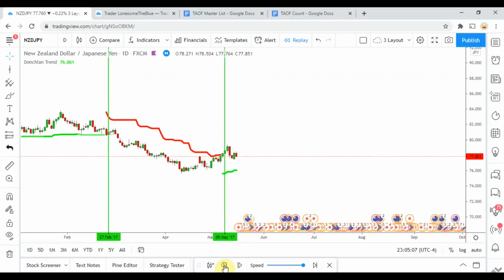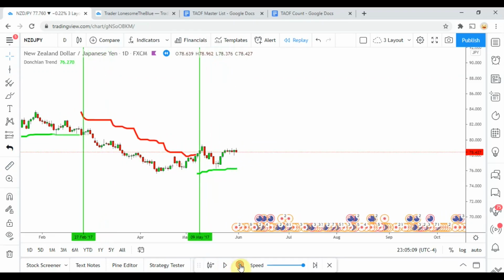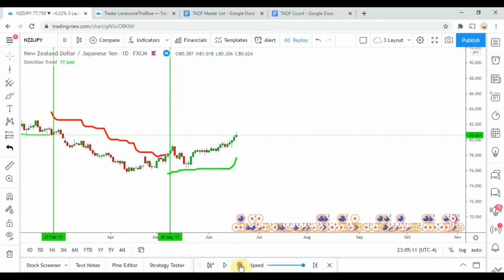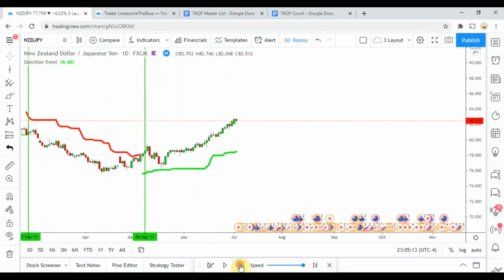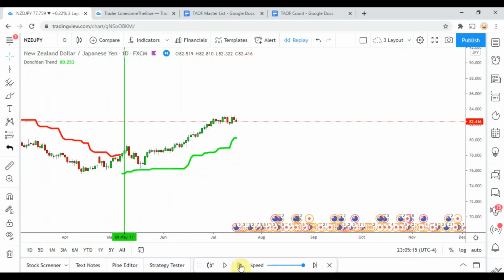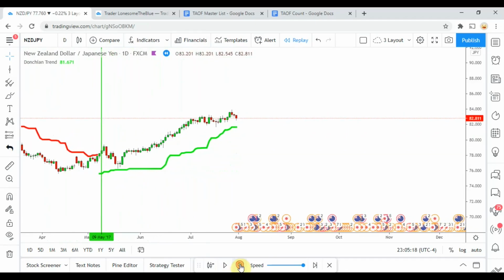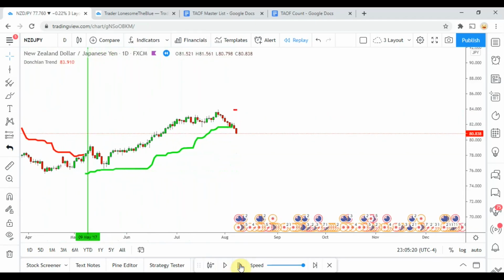We'll try to catch the next switch right as it happens to see right there. So it did appear as though there was a moment where it hadn't quite switched yet. So this one right here would have been a losing trade.